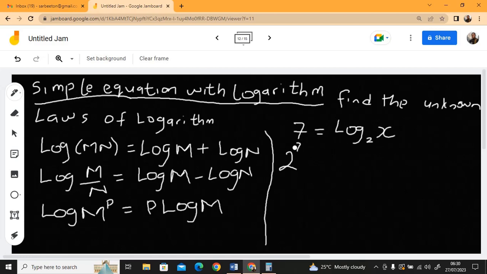Now this log will be cancelled, because what you have now is only x. Now 2 raised to power 7, I think is 128 if I'm not mistaken. 128 equals x. So that is it for that one.